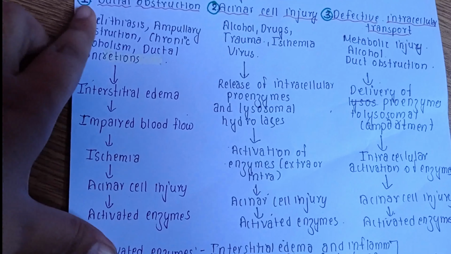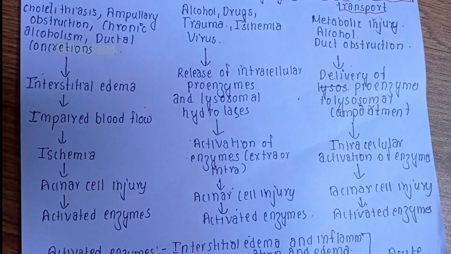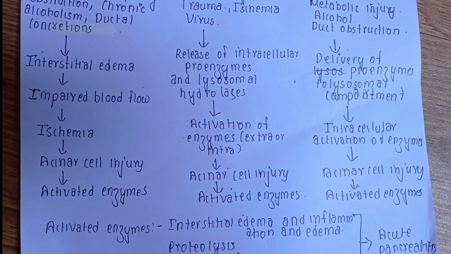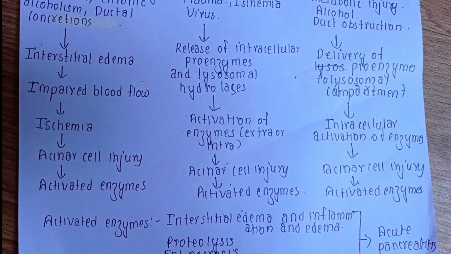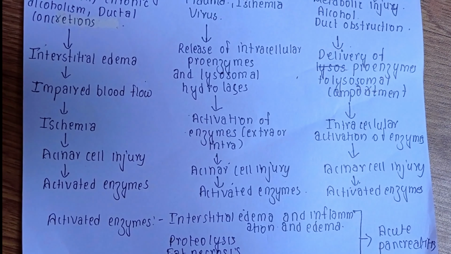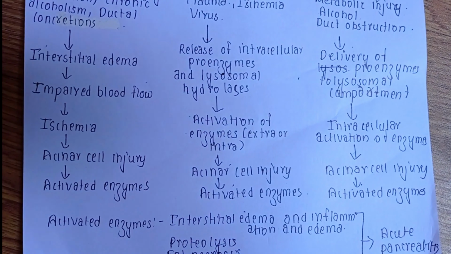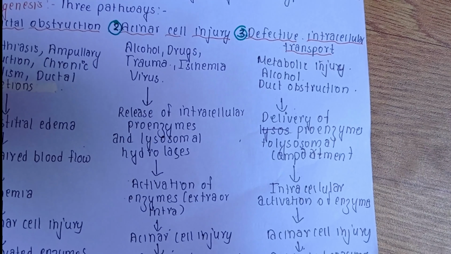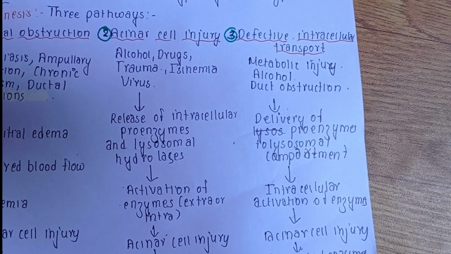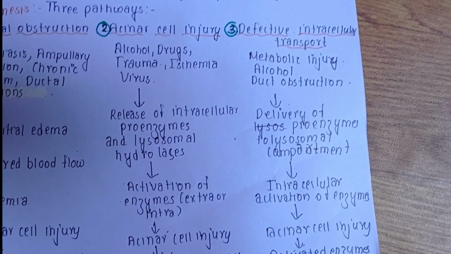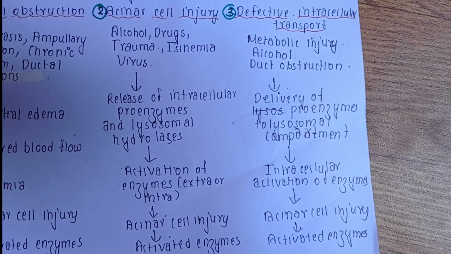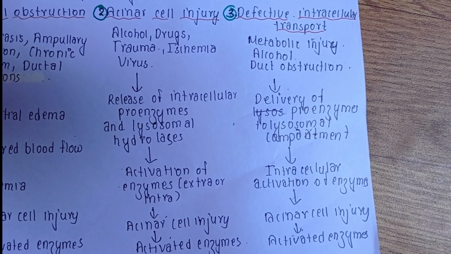After this, there is activation of enzymes, which may be extracellular or intracellular. Then there is acinar cell injury, which gradually leads to activation of enzymes. Last pathway is defective intracellular transport. It is caused by metabolic injury, alcohol, and duct obstruction.